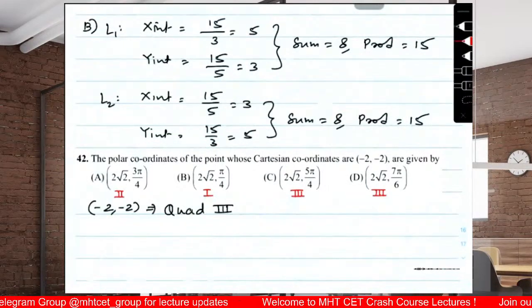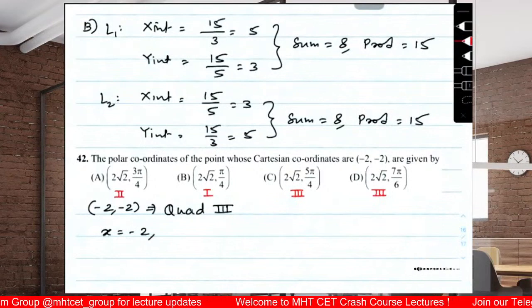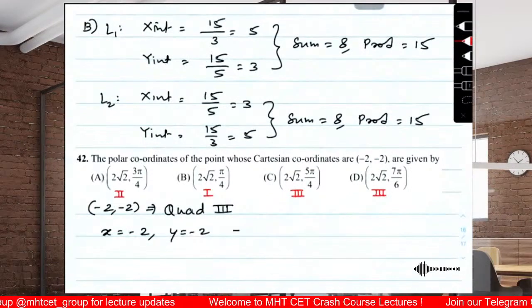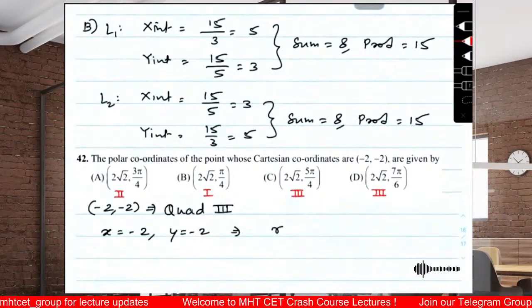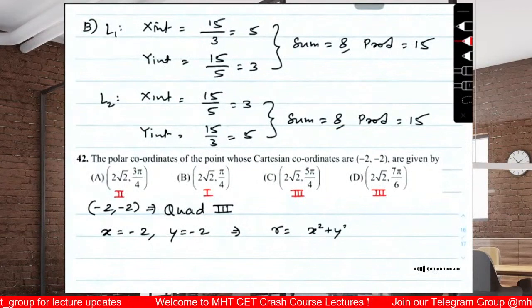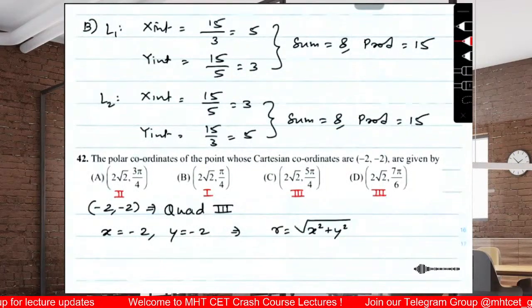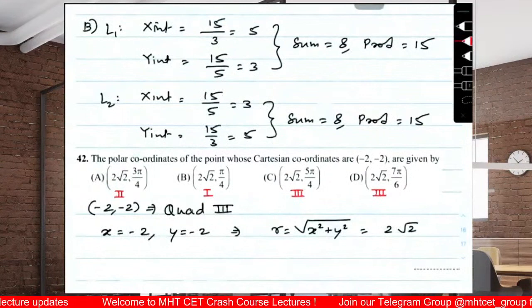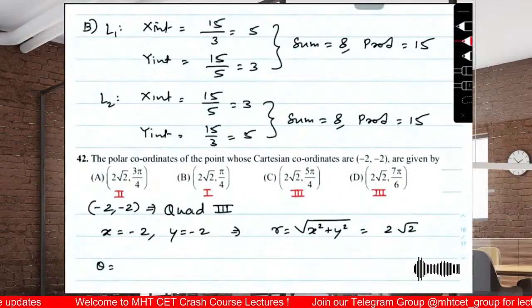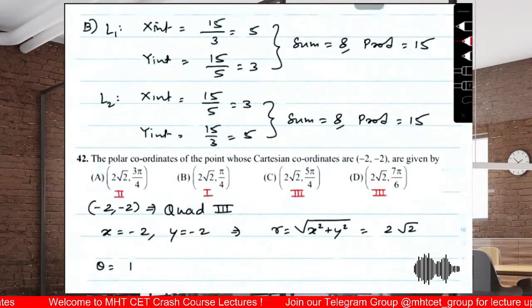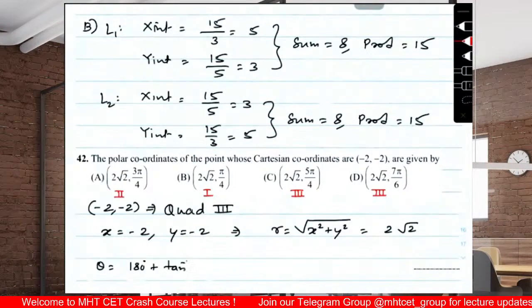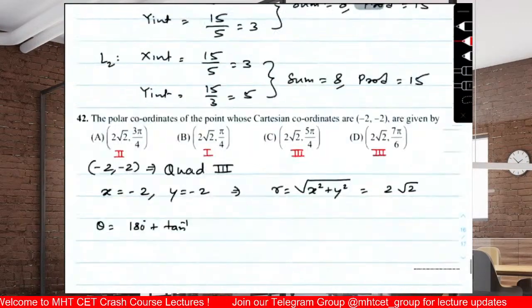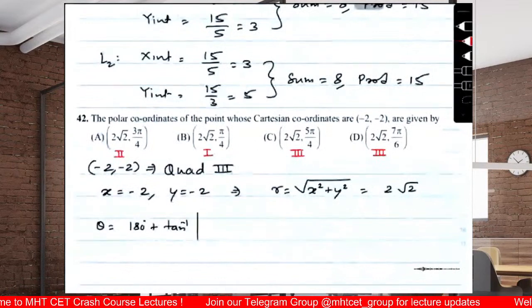ठीक है, so we'll have to solve. X is -2. Y is -2. Implies R is x square plus y square under root, that is 2 root. Theta is third quadrant में है तो 180 plus tan inverse of modulus of y by x.